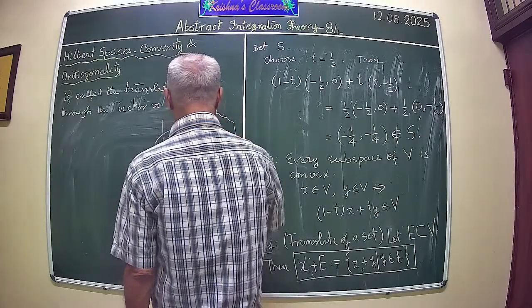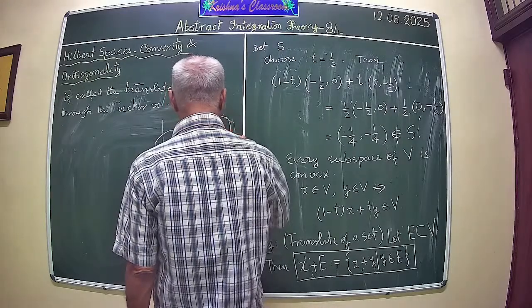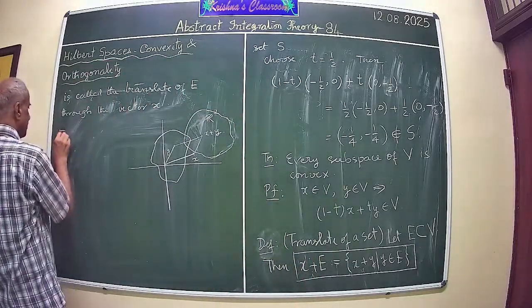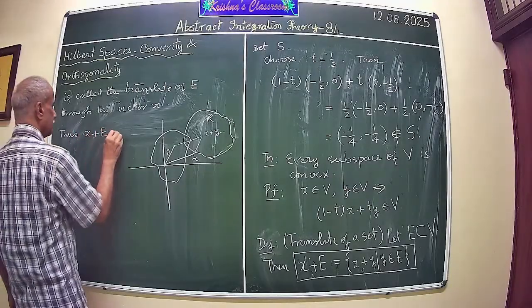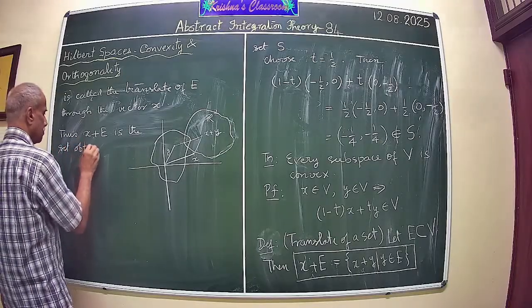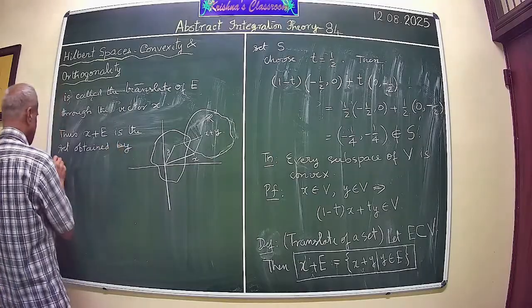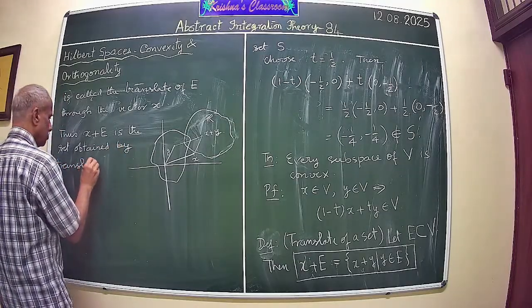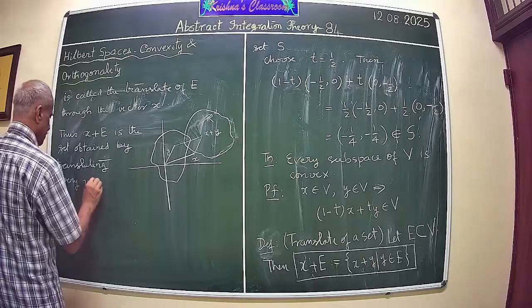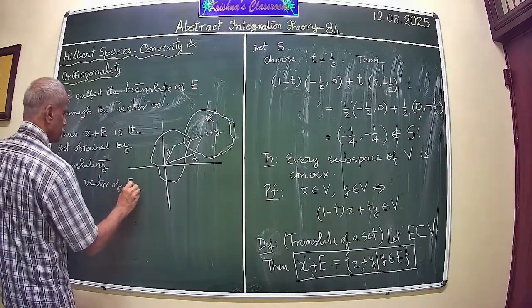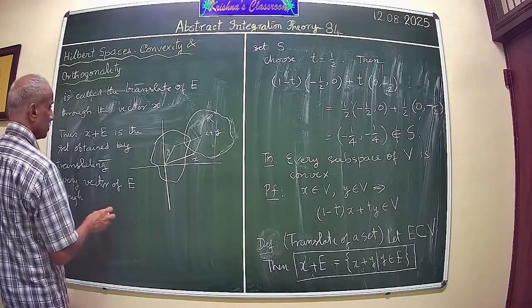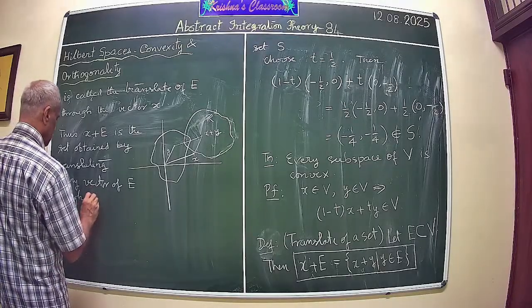So what you get is this whole thing moved through the vector x. Translating, or moving every vector of E to x plus y.